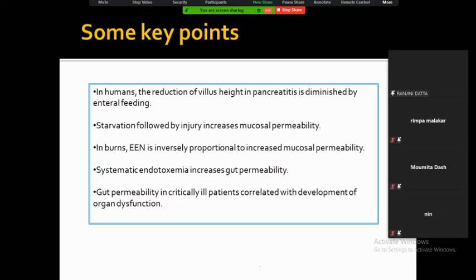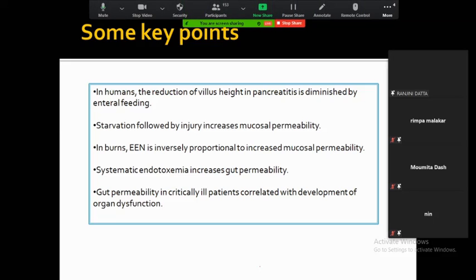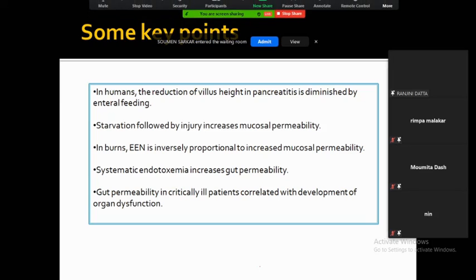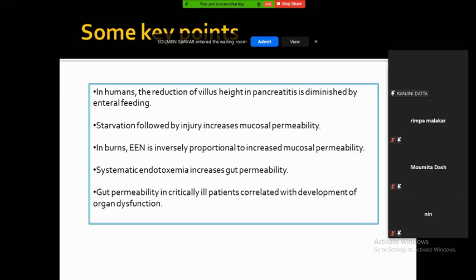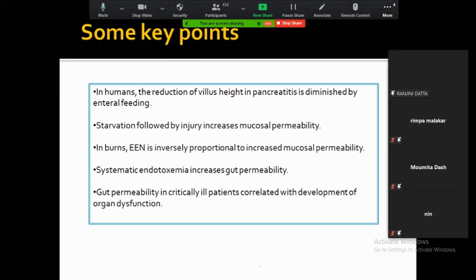Starvation followed by injury will increase the mucosal permeability. So if we are on PN, the body will actually check that off as a starvation mechanism. In burns, it has been seen that enteral nutrition is inversely proportionate to maintaining the mucosal permeability. As you can see, I am continuously stressing the point of mucosal permeability because it is all a play between the antigen and the body's immune system, which worsens or rectifies the critical illness condition.